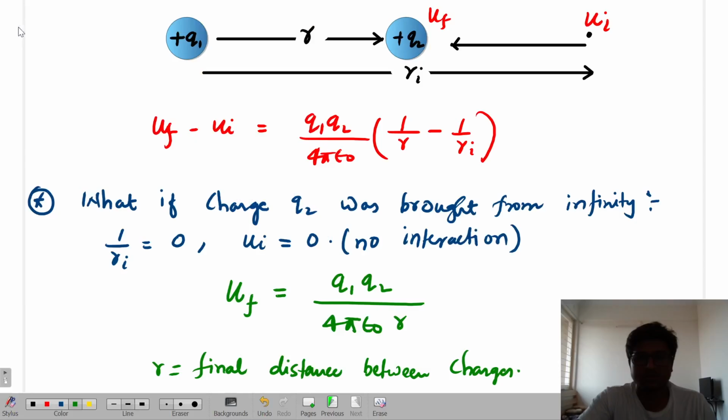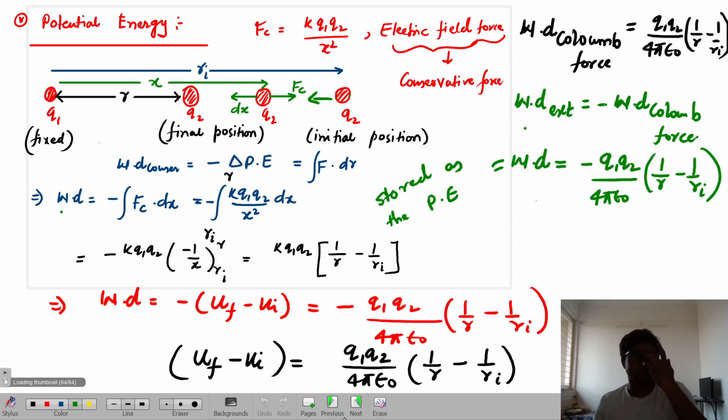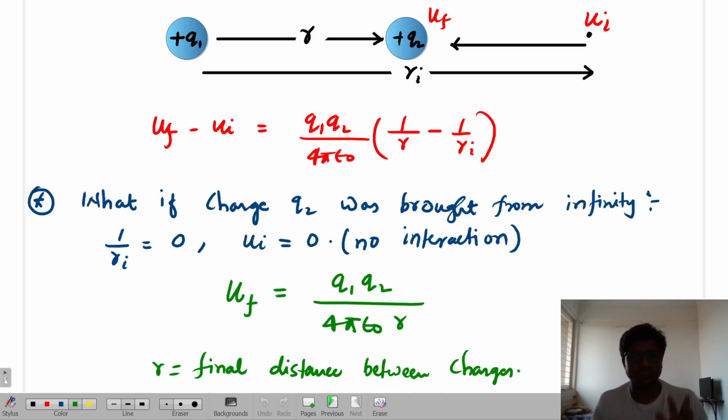You got the idea or not? So let us move on to the next point. This is what we got as our potential energy. Are you able to get me or not? And this is what we define.